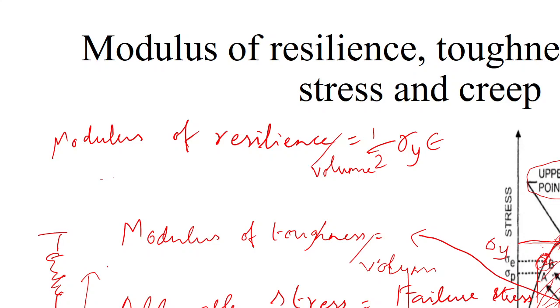For example, I take a prismatic bar like this and apply a tensile load on it. After some days or some years, there will be some plastic deformation in this member. That property is termed as creep, and it is time dependent.